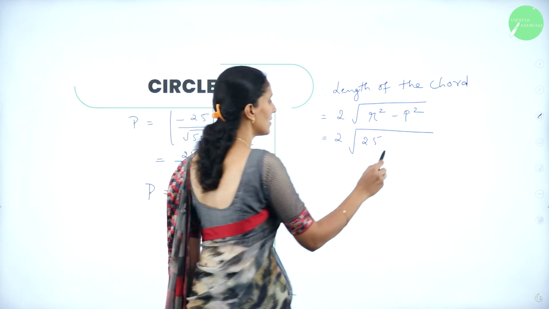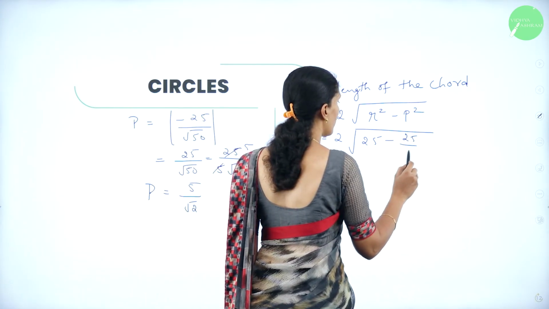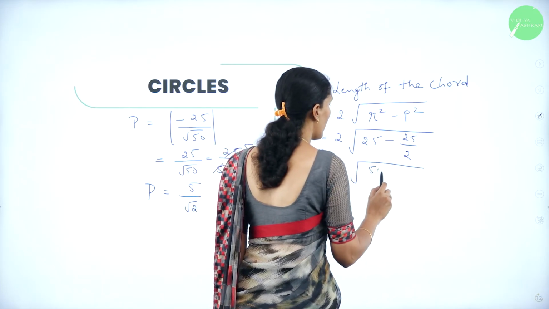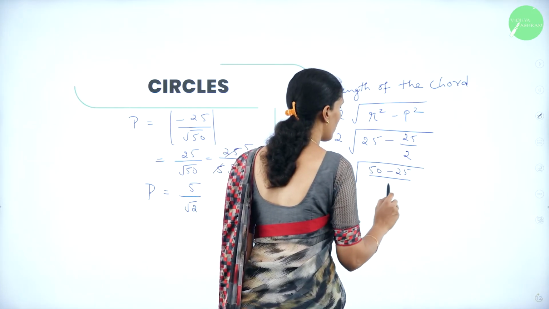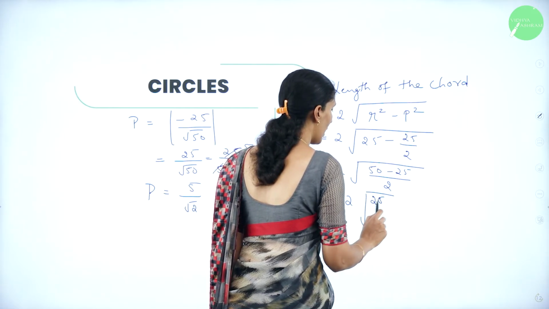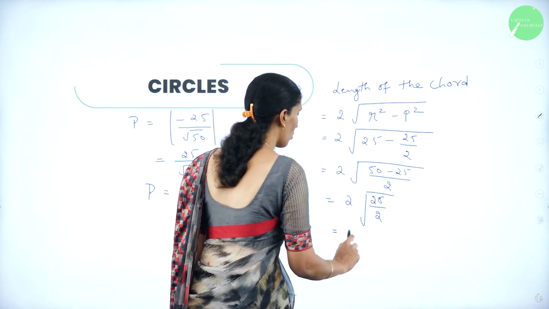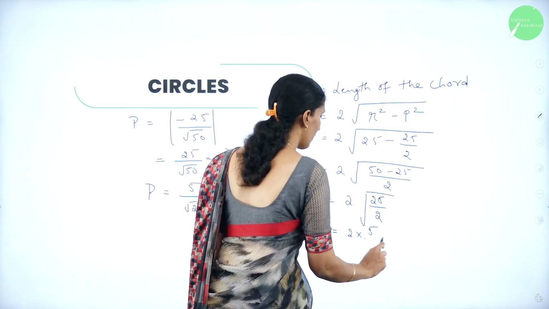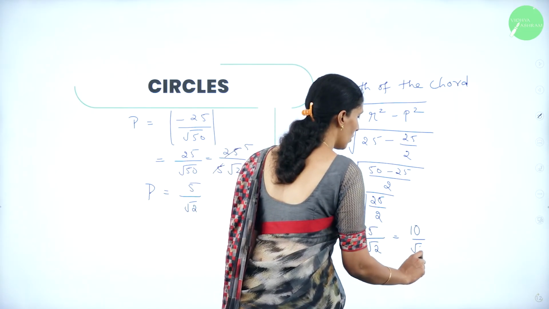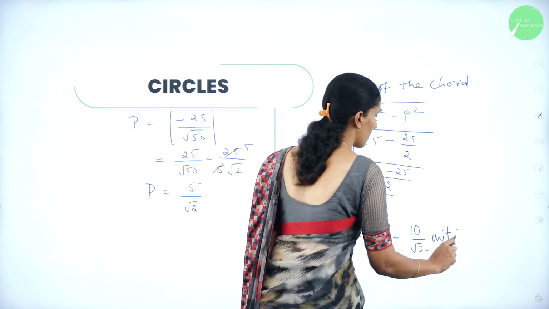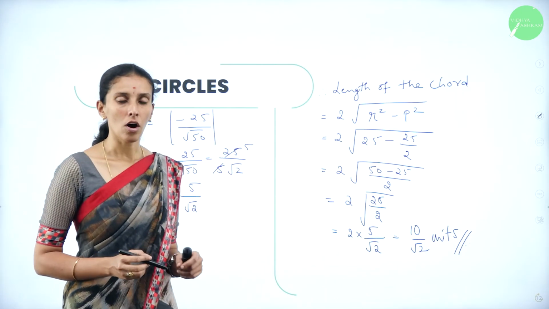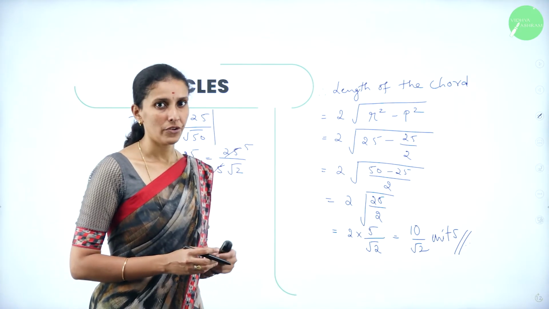P square is 25 divided by 2, which is 25 minus 25 divided by 2. Now, it is 2 square root of 25 divided by 2. Square root of 25 is 5 divided by root 2. So, therefore, answer is 10 divided by root 2 units. So, this is the length of the chord from a straight line.